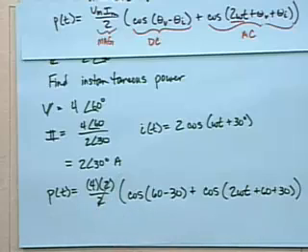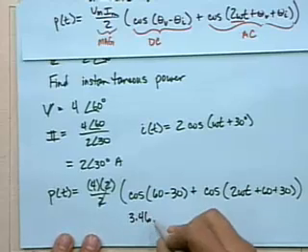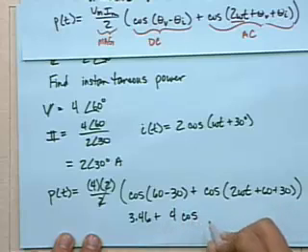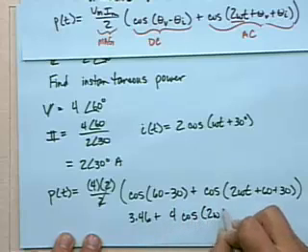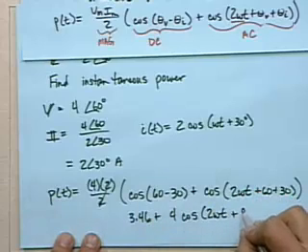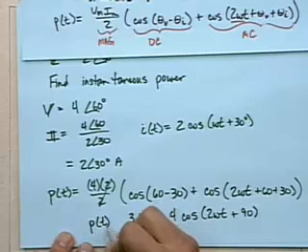The cosine of 30 degrees is 0.866 times 4, which gives you about 3.46, plus 4 times the cosine of 2 omega t plus 90 degrees. And that is the instantaneous power.